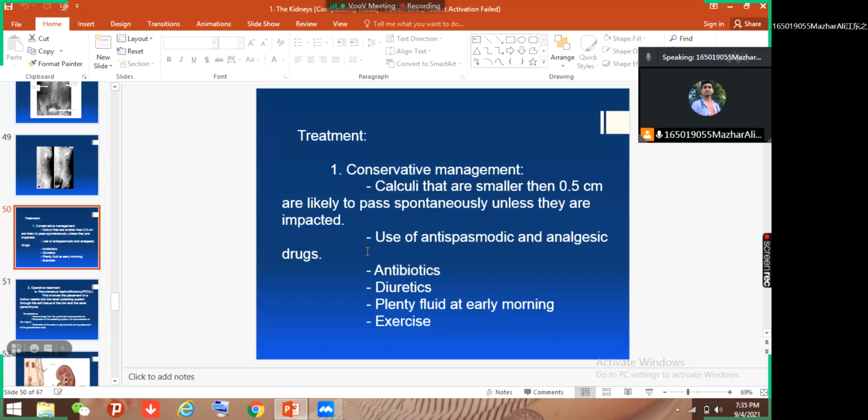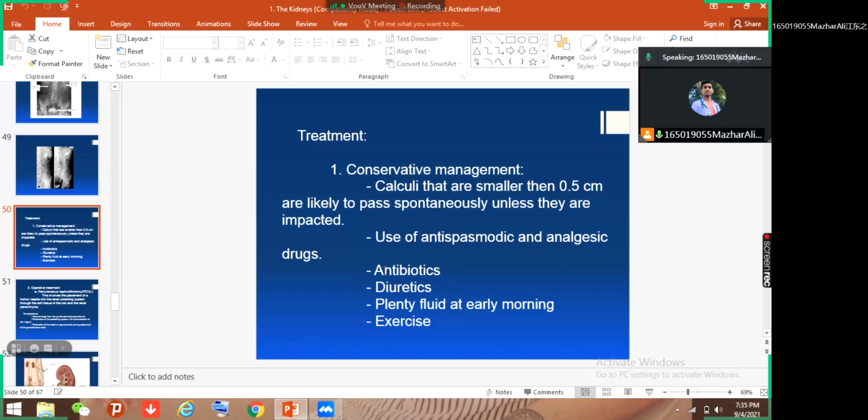If the stone is stuck anywhere, it cannot pass. But if not stuck, it can easily pass. Then we use antispasmodics and painkillers just to avoid the pain. Antispasmodics relax the muscles, and analgesics avoid the pain.